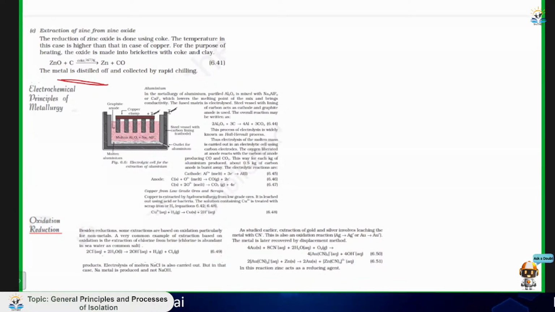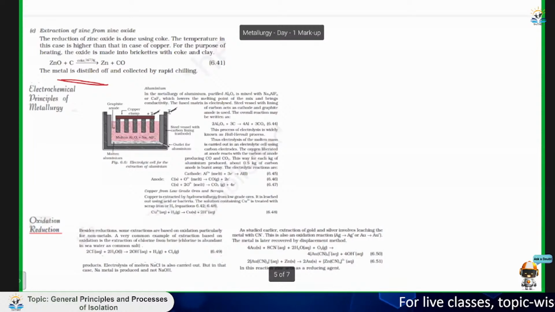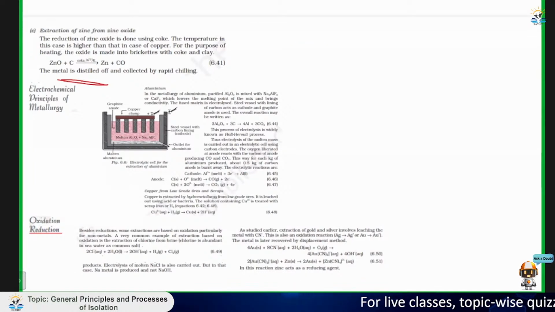Na3AlF6 is cryolite. I don't remember the name of CaF2.